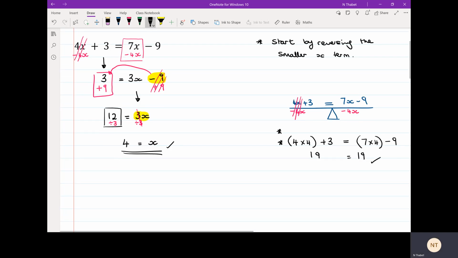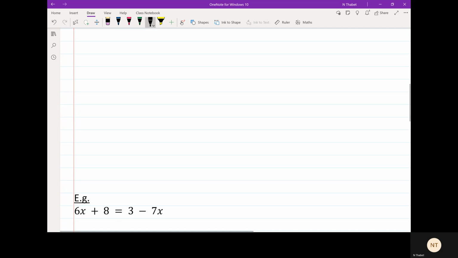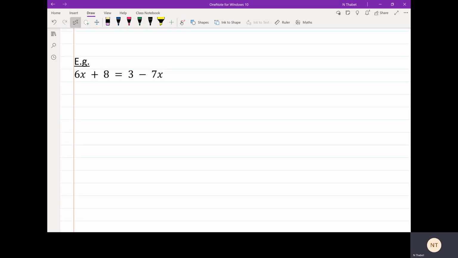Now, for the second equation, 6x plus 8 equals 3 minus 7x. Again, you start by reversing the smaller x term. Now, have a look. You've got a 6x and a negative 7x.